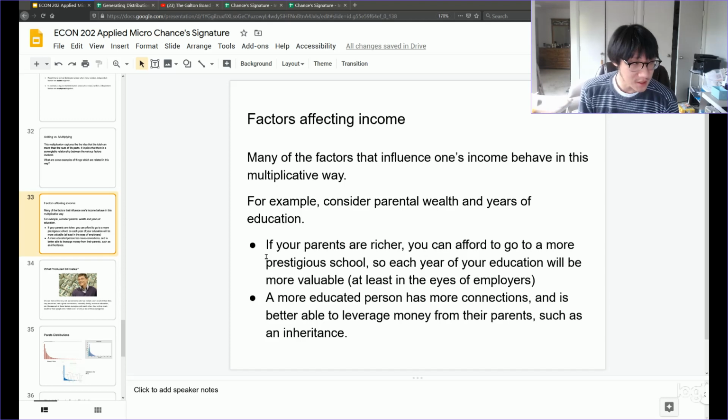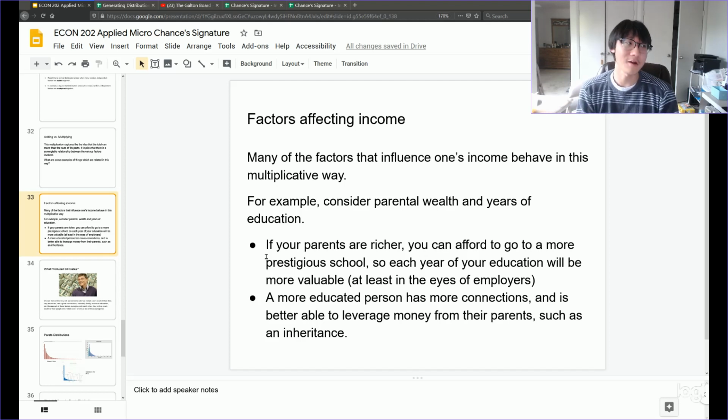For example, if your parents are better off, it enables you to potentially go to a more prestigious school. And if you do go to a more prestigious school, each year of your education is potentially more valuable, at least in the eyes of a potential employer. At the same time, a more educated person has more connections and might be in a better position to leverage money from their parents, such as an inheritance.